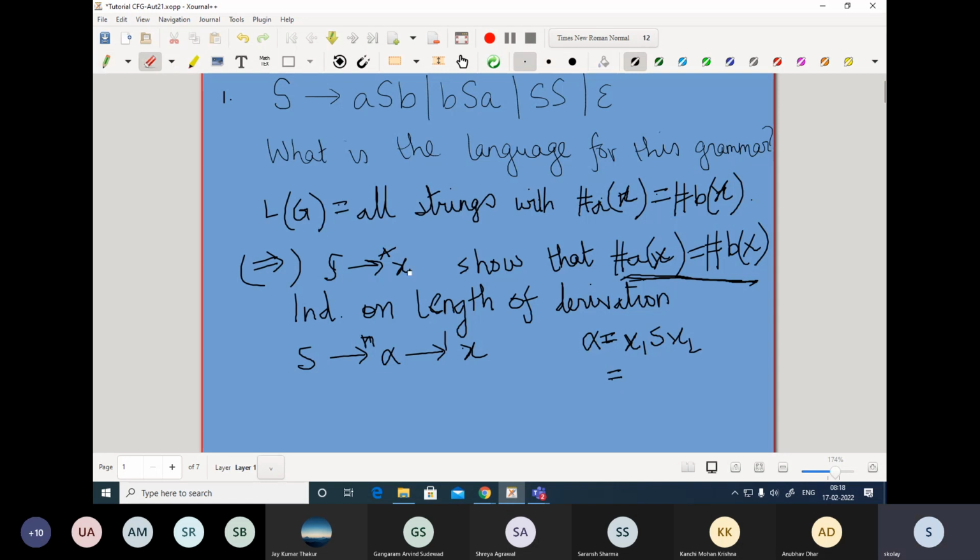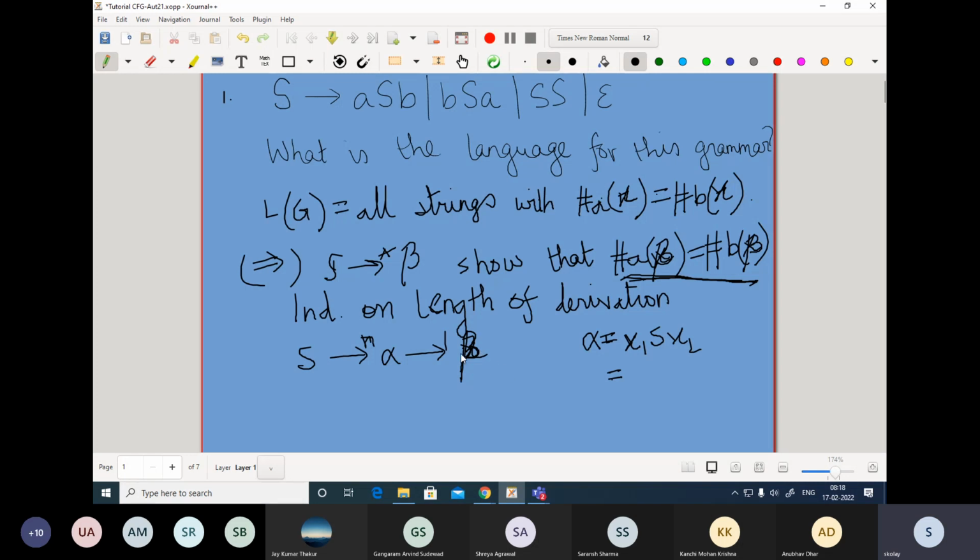Okay, I think you need to generalize further. You take a sentential form and you show that the number of a's in the sentential form is equal to the number of b's in the sentential form. So let me write it this way. Suppose I derive beta in n plus 1 steps. I will show that the number of a's in beta is the same as the number of b's in beta.